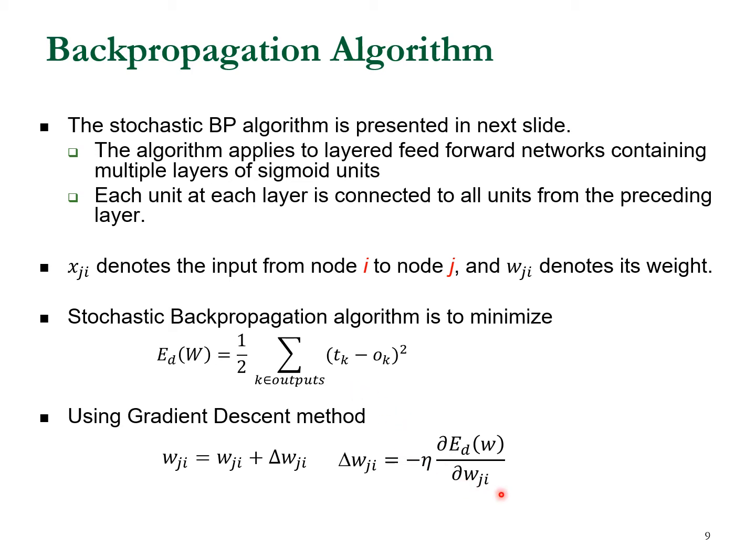If you compute the value of this derivative, then we are able to update our weight values by using this formula. So the remaining homework is how to compute this derivative of the error function with respect to w_ji.